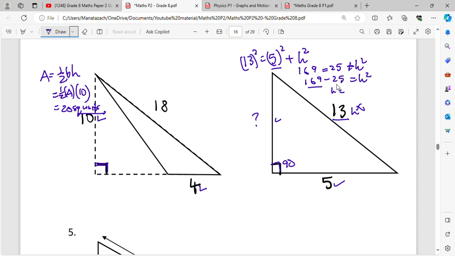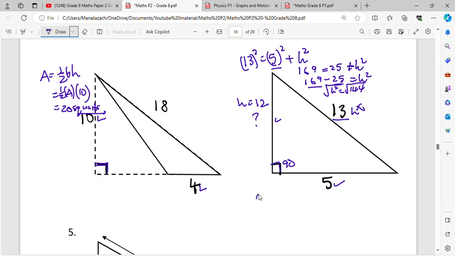So 169 minus 25 will give us 144. If you put square root to both sides, you'll find that h is equal to 12, right? So our height is 12.